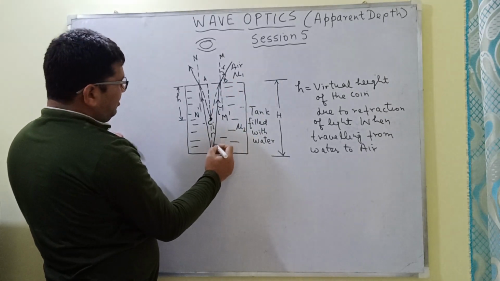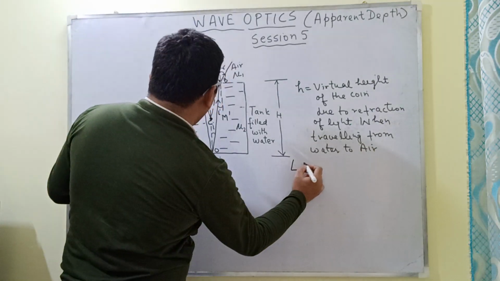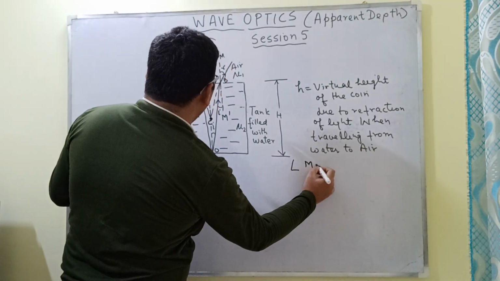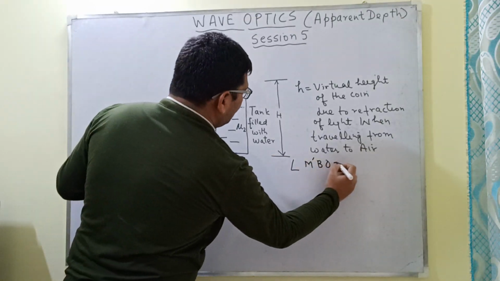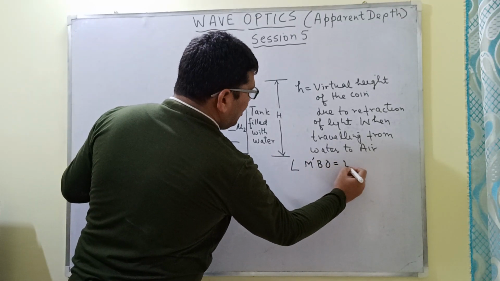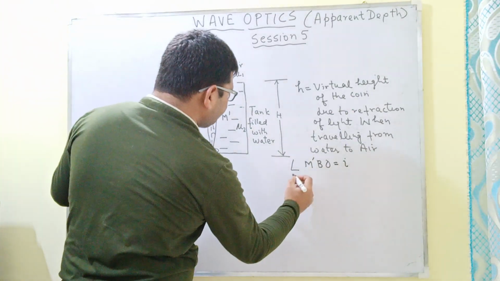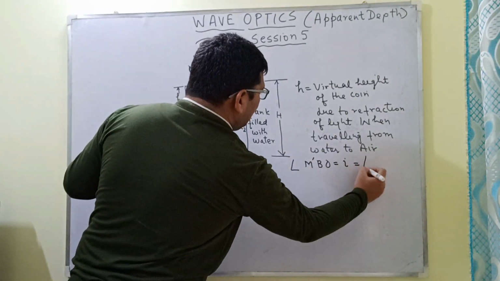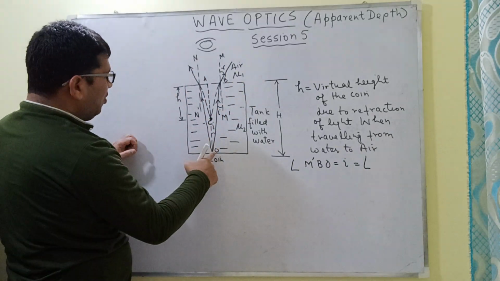That is angle MBO, or we can also say angle M dash BO. This is equal to i, which is the angle of incidence, and this is also equal to angle COB.